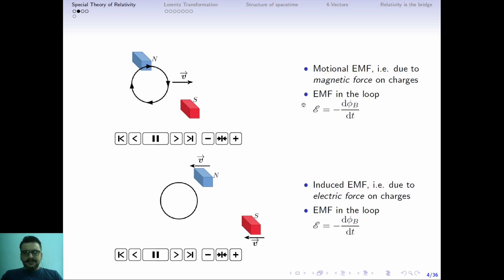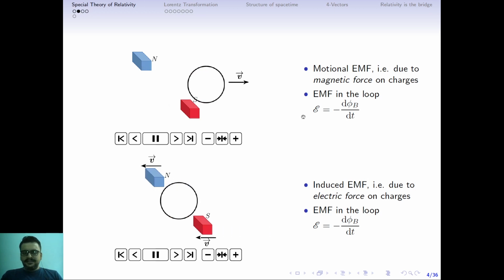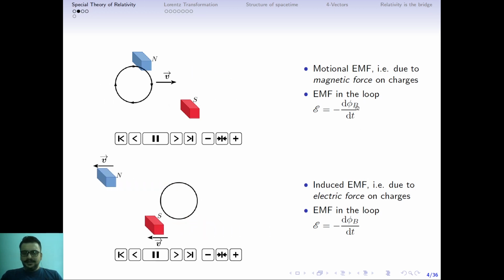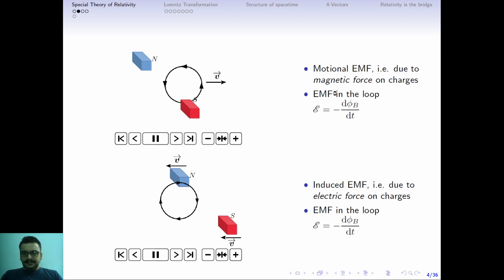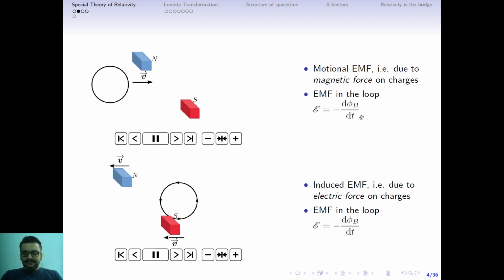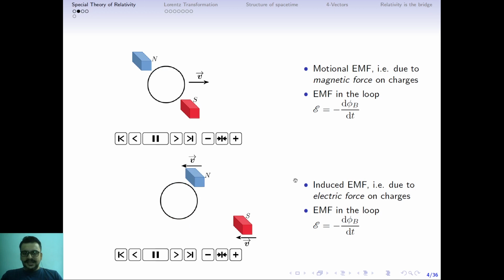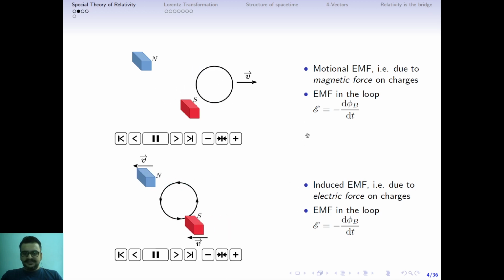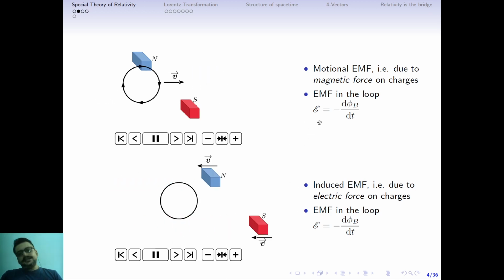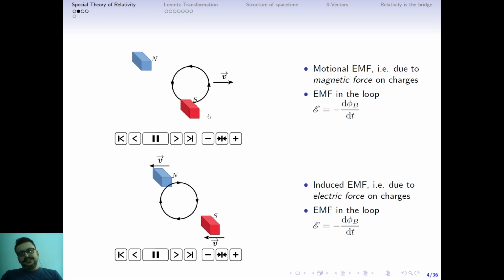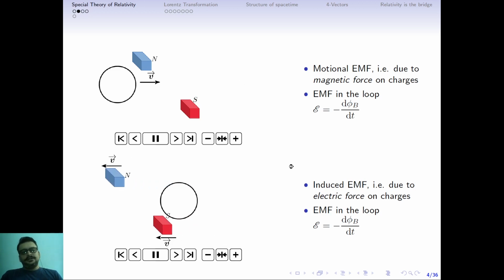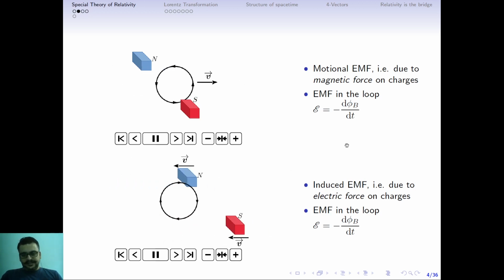But Albert Einstein refused to believe that this is just a coincidence. In fact, he believed that the fact that the EMF in the loop is the same in both cases, even though the physics is different, is an indication that the principle of relativity is also applicable to electromagnetic theory.